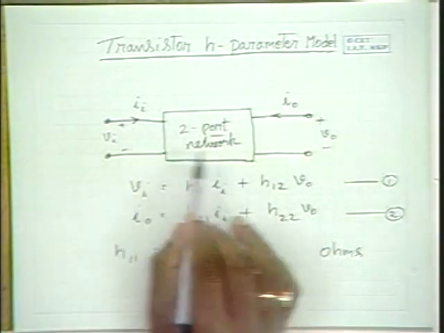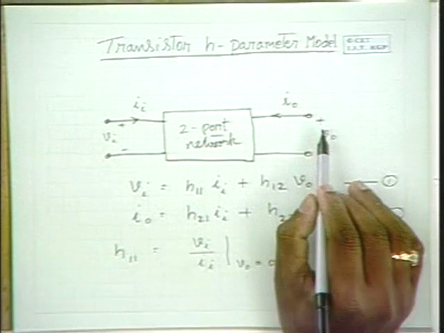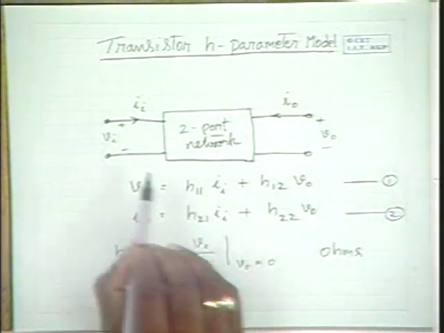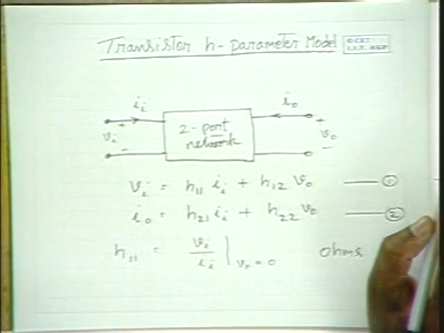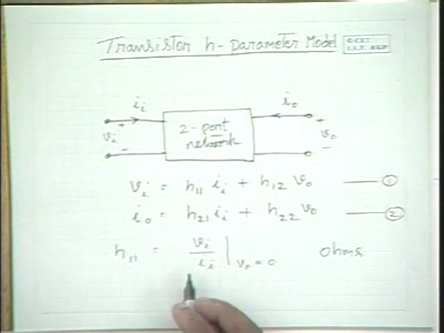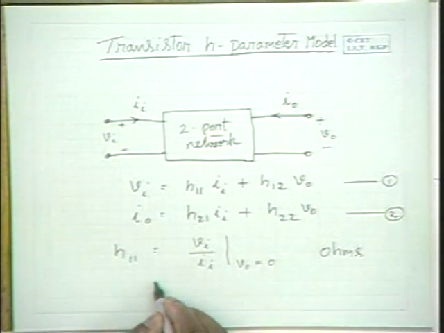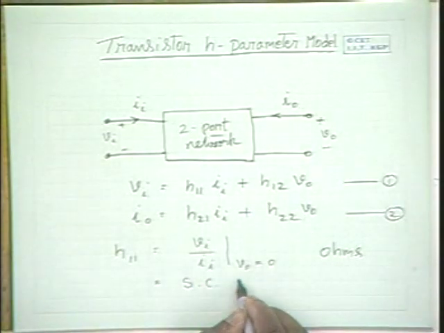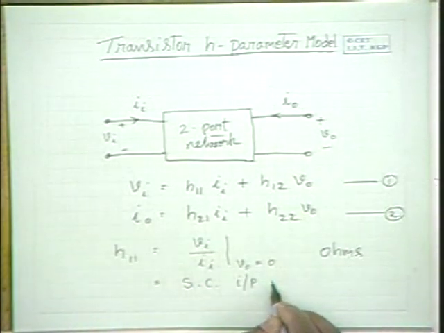Does it give you the input impedance when this is open? No, when this is short circuited, V0 is equal to 0 and H11 is equal to the input impedance. Hence H11 is known as the short circuit input impedance parameter.